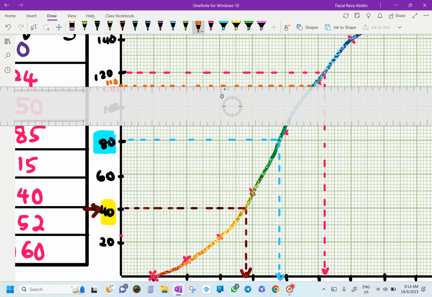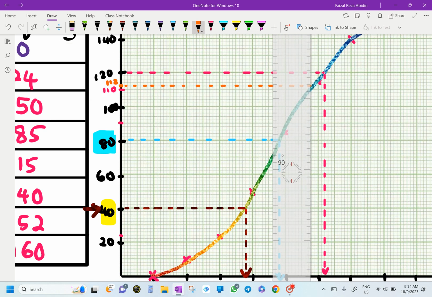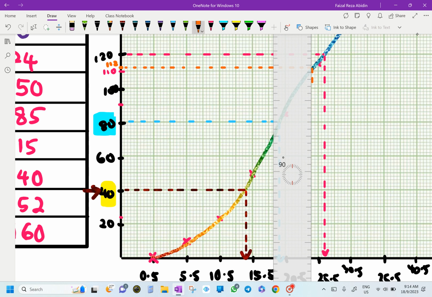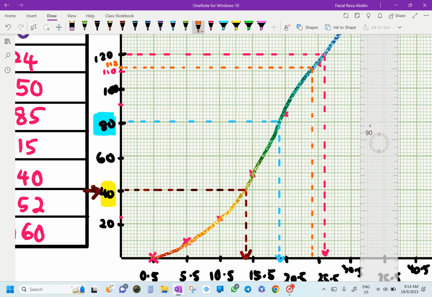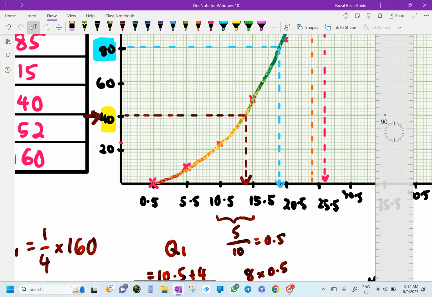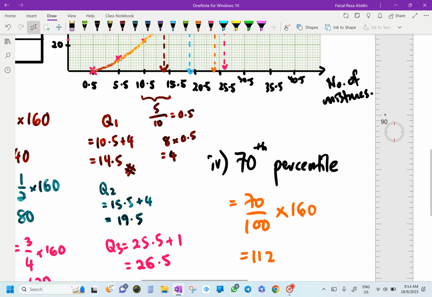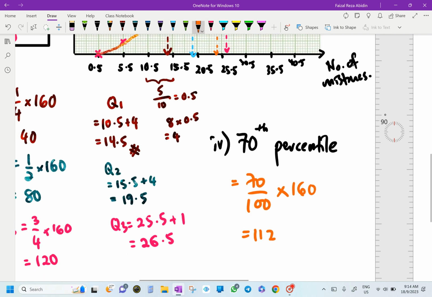Depends on your graph. What I got over here is 2 squares from my 25.5, which means I'm going to minus with 1. So my 17th percentile over here, I'm going to get 25.5 minus 1, which is 24.5.